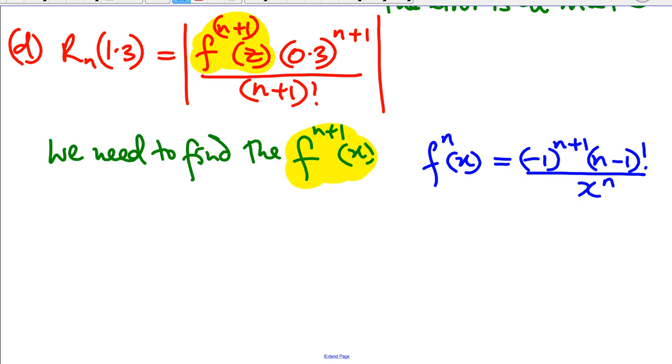Which means that the (n+1)th derivative will be, we are just going to plug n plus 1 in place of n.